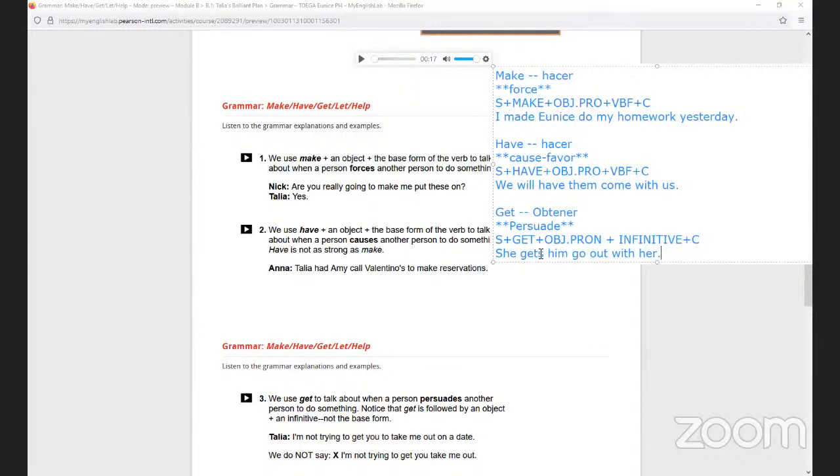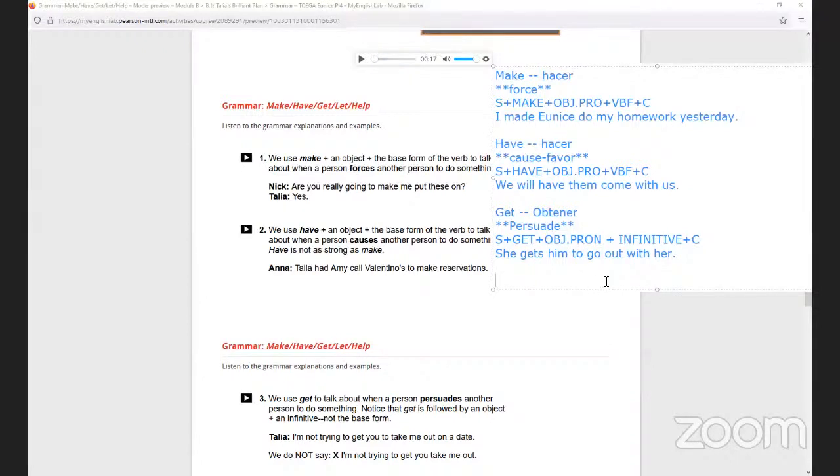We are using some persuasion in order to get it, right? So that is with get. In this case, it is with the infinitive. She gets him to go out with her. Always with the infinitive when we use get. Make and have, base form. Get, infinitive.